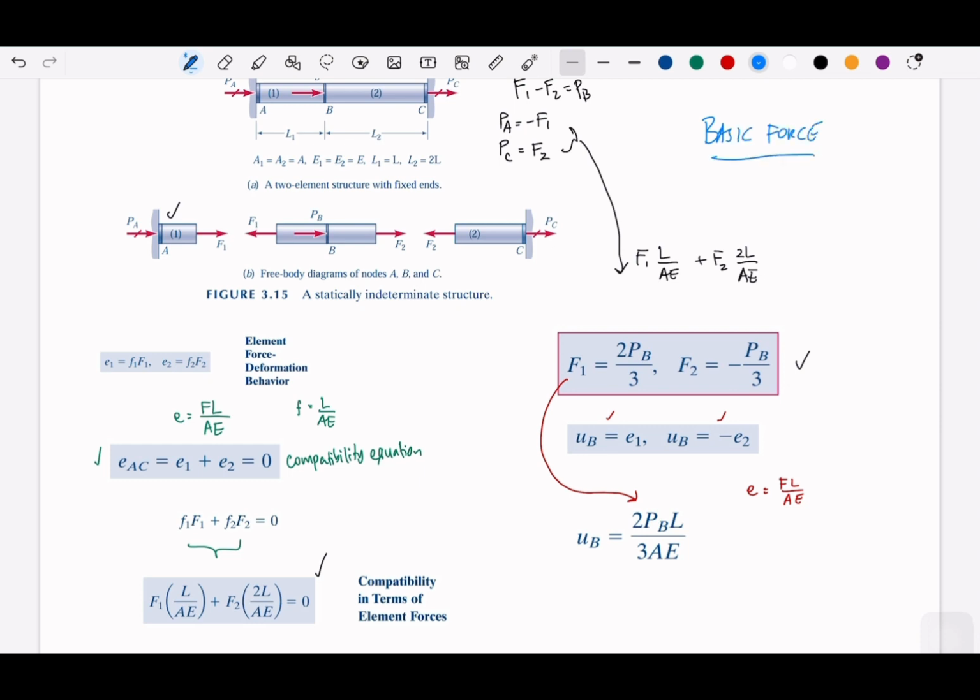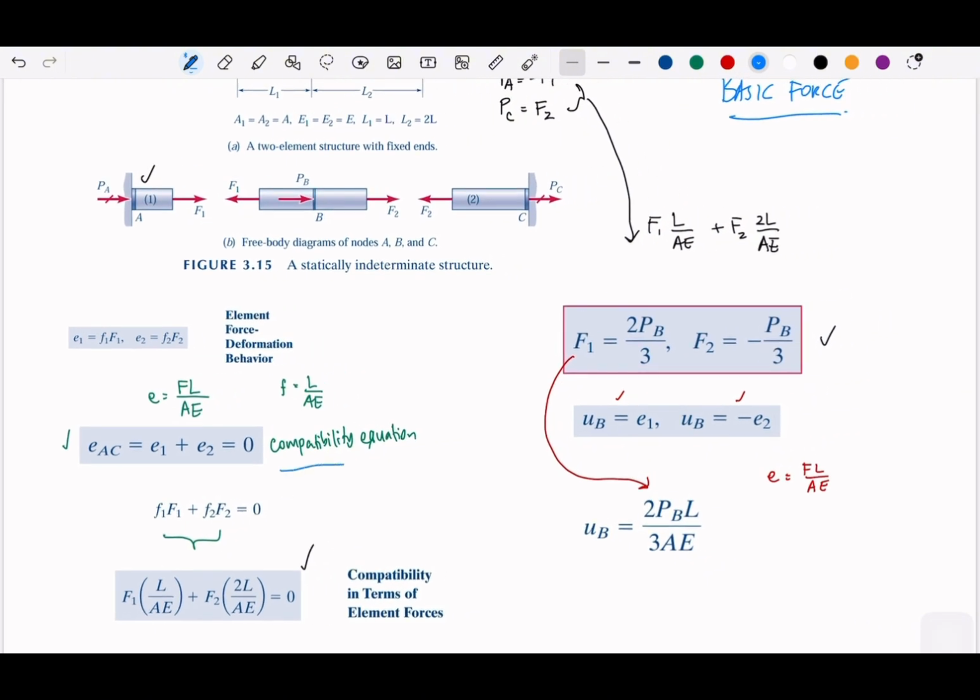But don't worry about the name, like basic force, or maybe there's another name for this method. It isn't really necessary to know which one you get, as long as you know exactly what the question is, and the method, and how to take these compatibility equations. I think most of the problems in axial deformation you can solve.